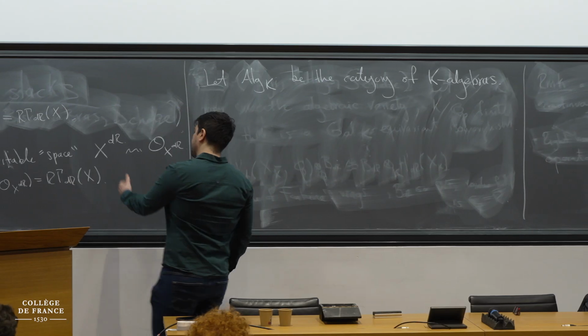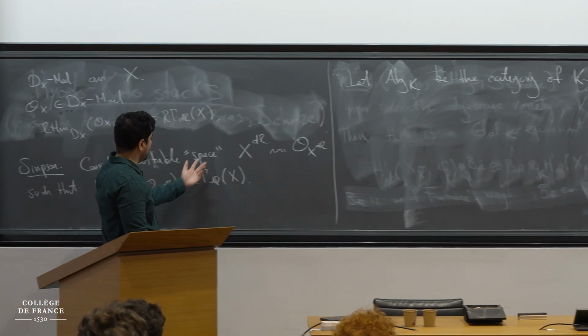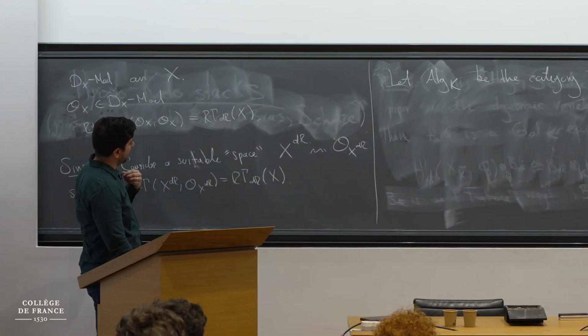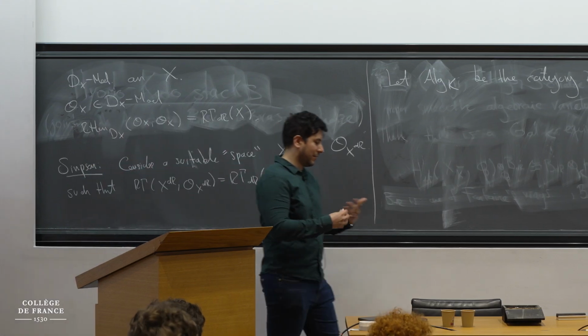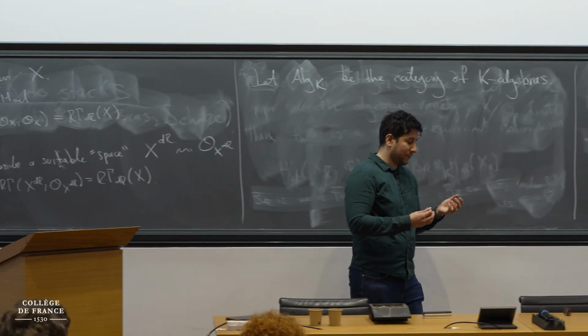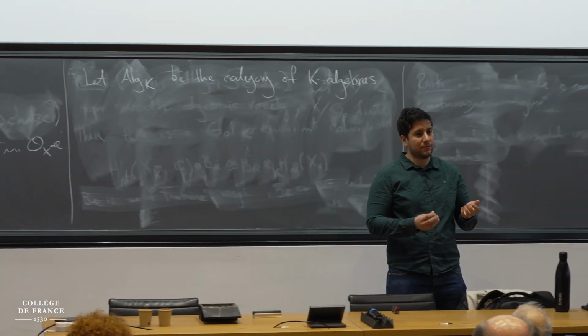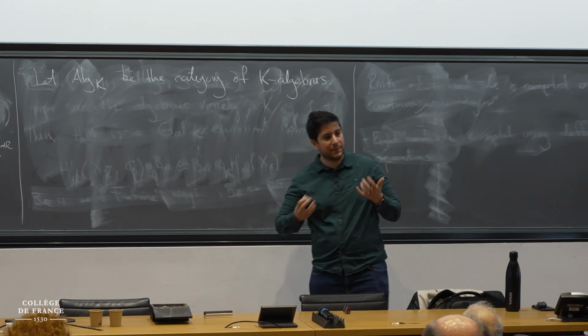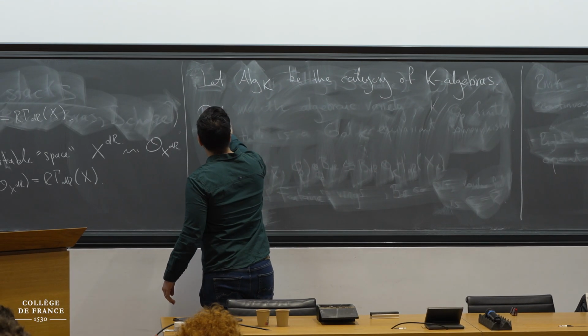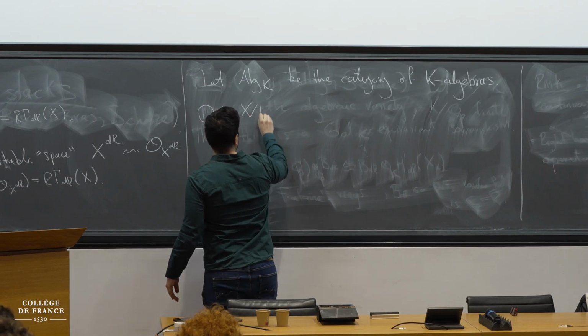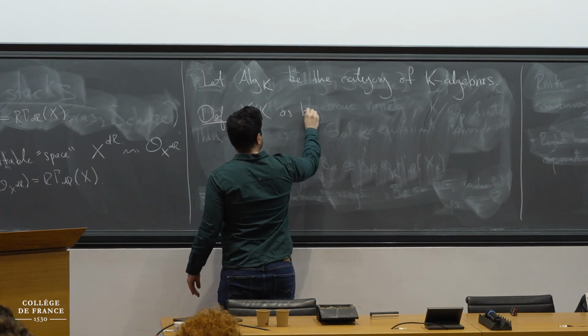Then we can define this space as, let's say, at least as a functor on algebras, that you should imagine as some kind of Yoneda way to think about schemes or other geometric spaces.